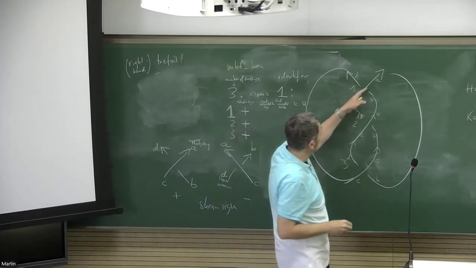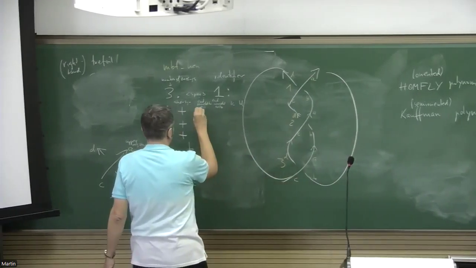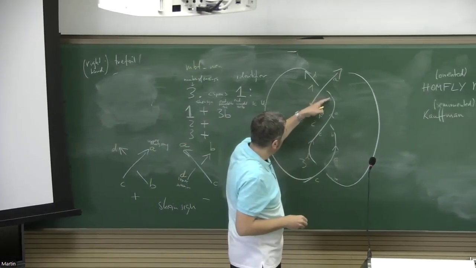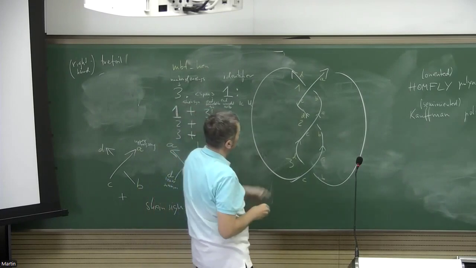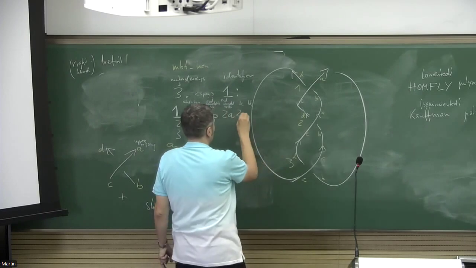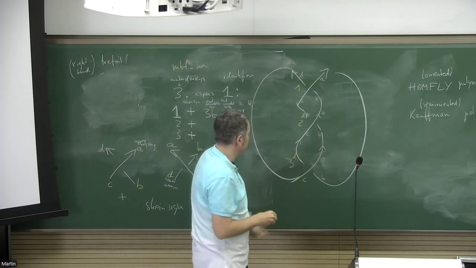What is 1A connected to? This is connected to 3B. Then what is 1B connected to? 1B is connected to 2A. 1C is connected to 2D. And 1D is connected to 3C.